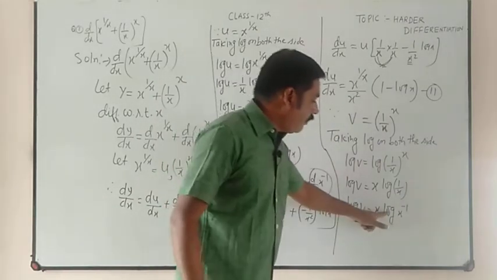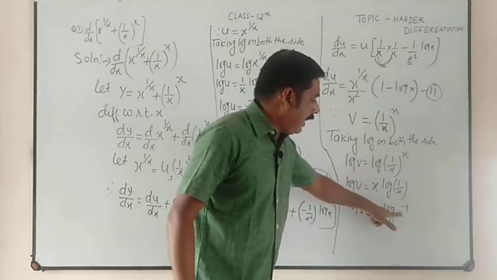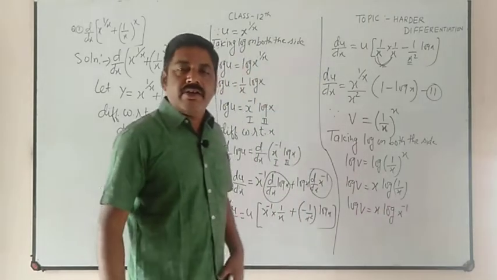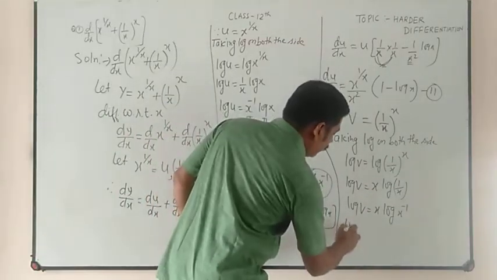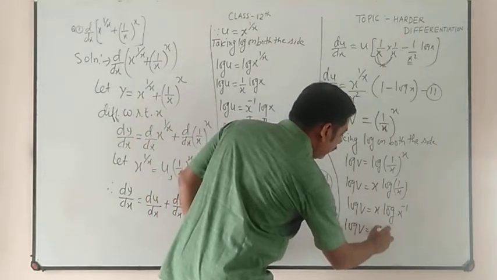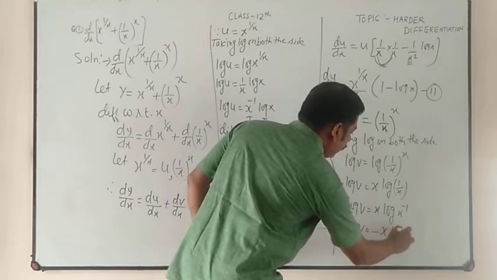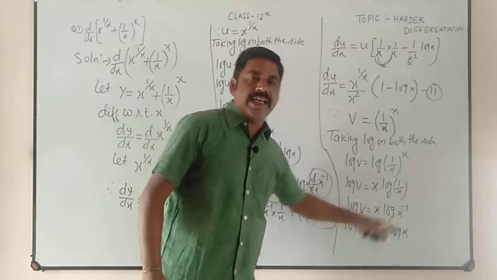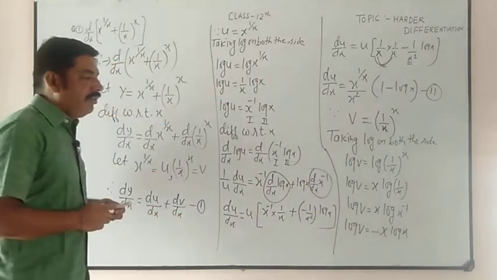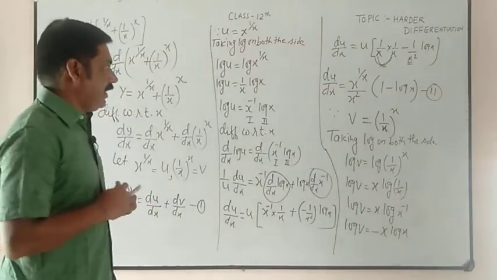Now apply the law of log, log m raised to n is n log m. So log v is equal to minus x log x. Now we can differentiate.